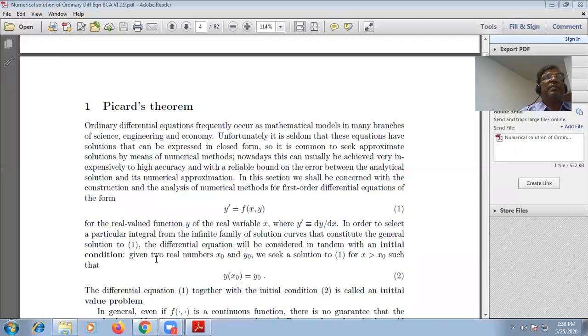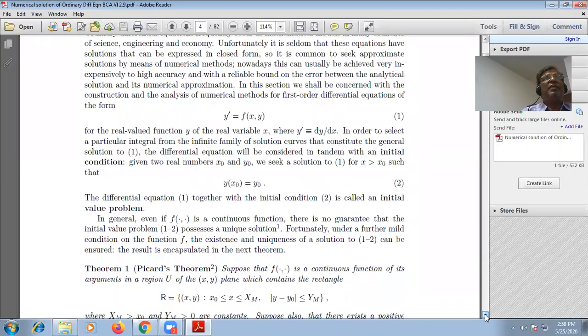So the equation will be considered in tandem with an initial condition. What is the initial condition? Given two real numbers x naught and y naught, we seek a solution of 1. We are taking y at the point x naught equal to y naught. This is equation 2.